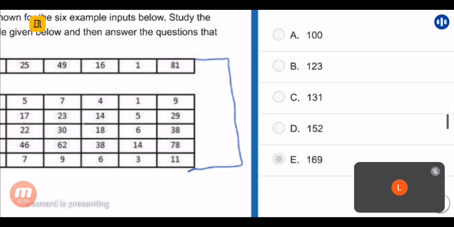So if here is 15, and we know that 2 plus 9 is 11. So to go back here, we are going to get 13, is that not? Because 2 plus 13 is 15. You should get this.